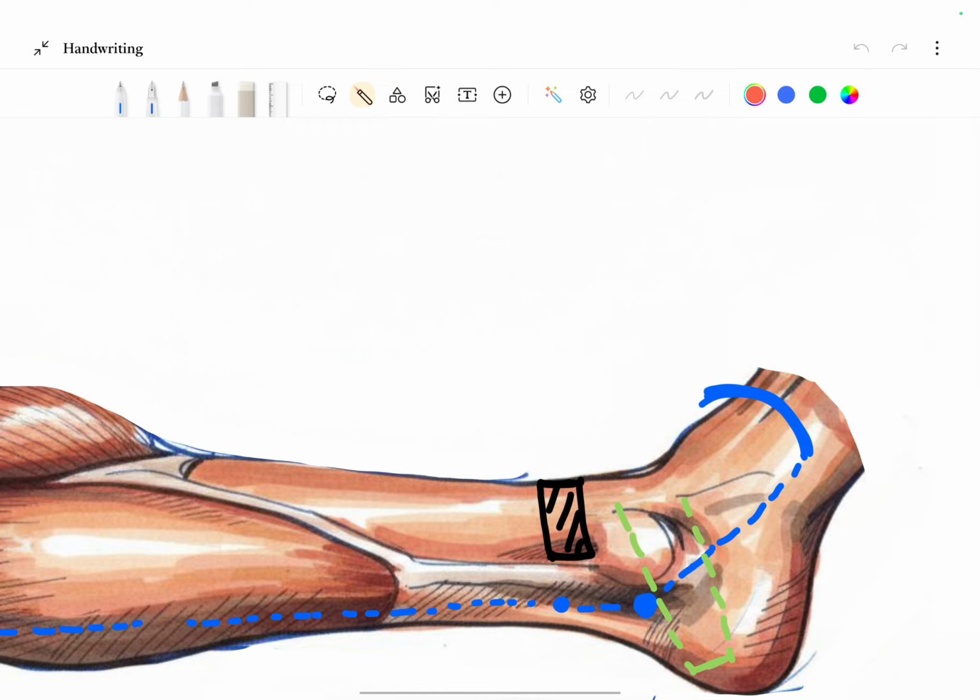It will be easy. Let us discuss the superior extensor retinaculum and the inferior extensor retinaculum.